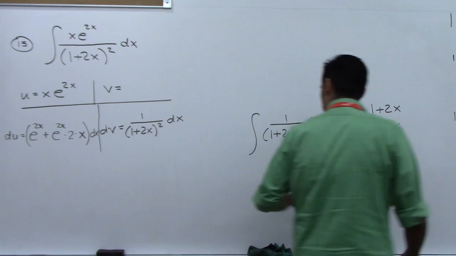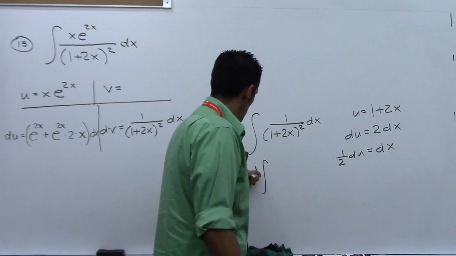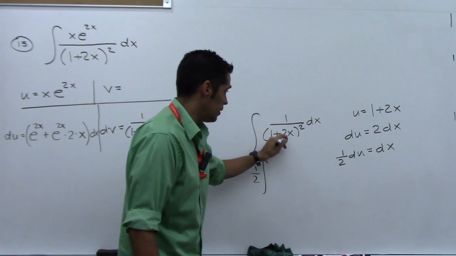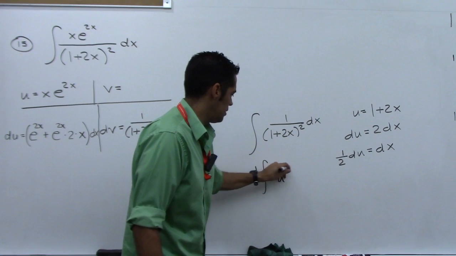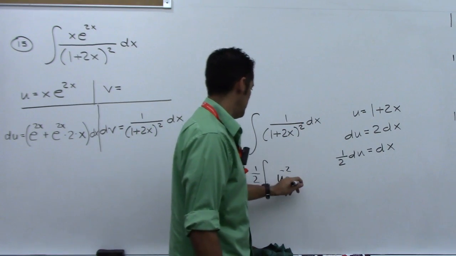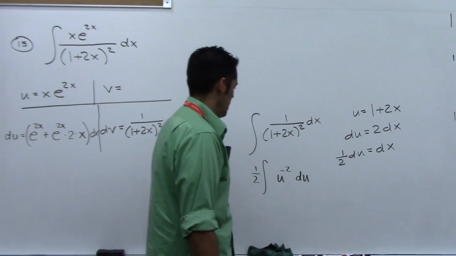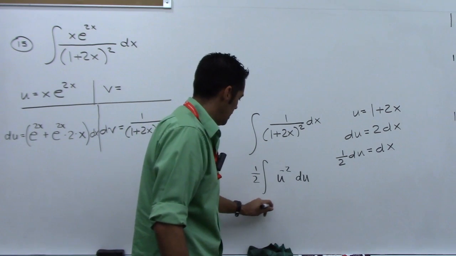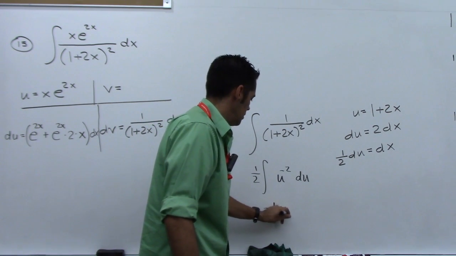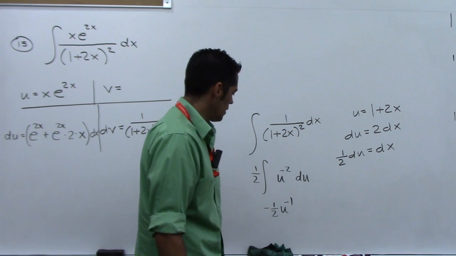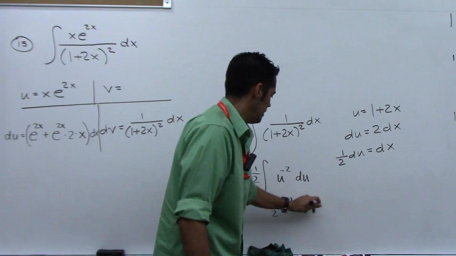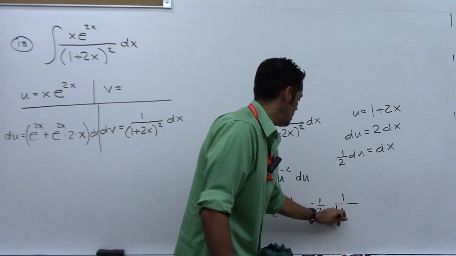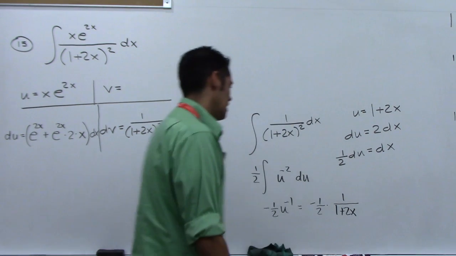So I can rewrite this integral as 1/2 and then 1 over u squared, which is u to the negative 2, and then the du. And then the antiderivative of this, we just add 1 to the power. This should be negative 1/2 u to the negative 1, which is really negative 1/2 times 1 over 1 plus 2x. So that's what I would get there.